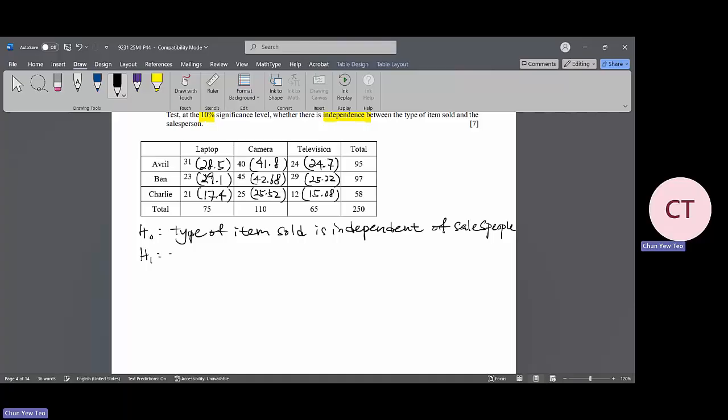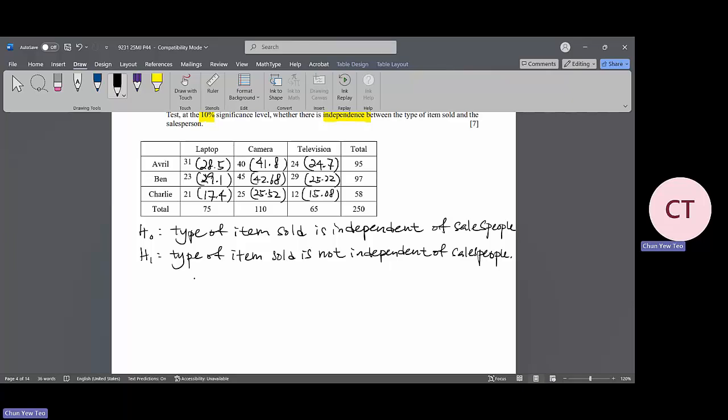Versus the alternative hypothesis, the type of item sold is not independent of salespeople. Okay, so this is the hypothesis.